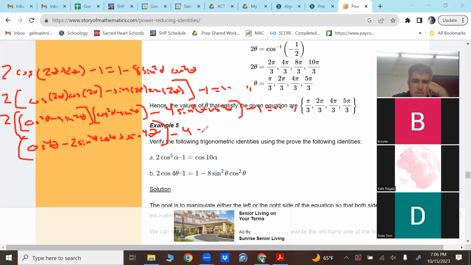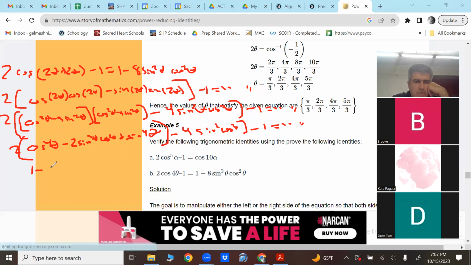This is where I'd then use a power reducing formula. There's a 2 right there. Yeah, I totally use the power reducing formula at this juncture. I'd have 1 minus cosine squared. No, it's cosine squared 2 theta. That takes me backwards.